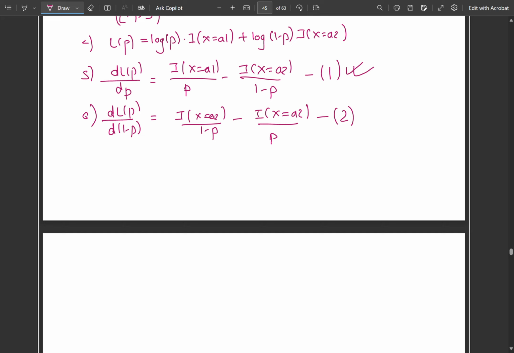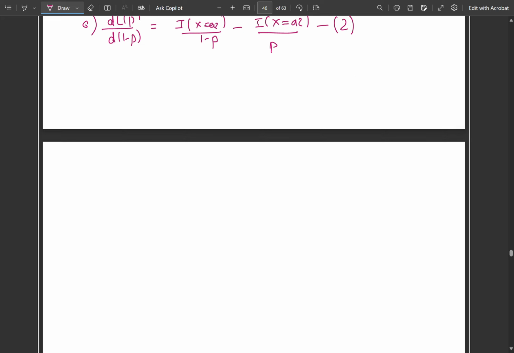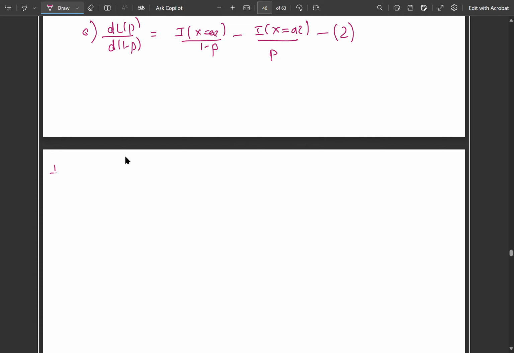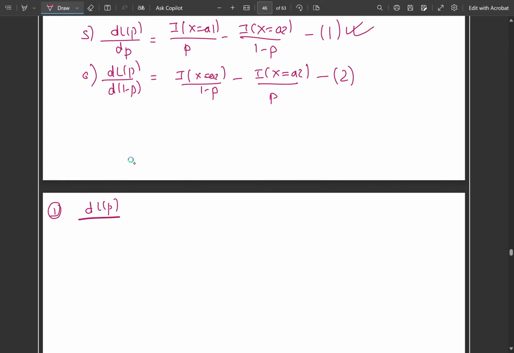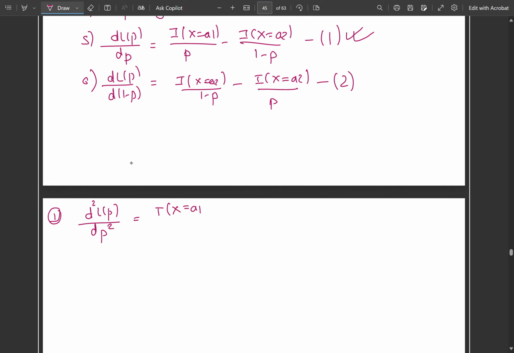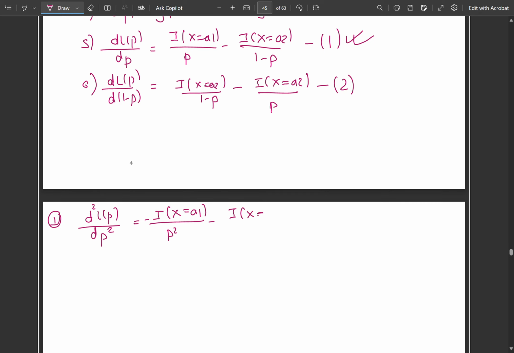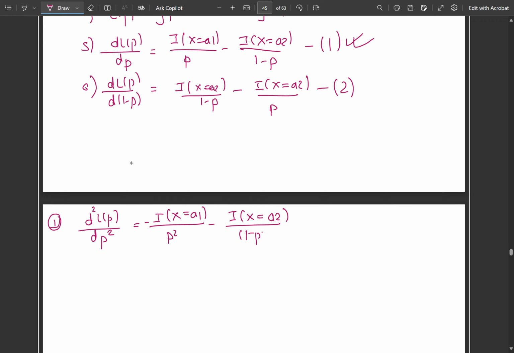Think about it. Let me show you the second derivative of this expression. d²L(p)/dp² would look like the negative of indicator x = a1 over p squared, minus indicator x = a2 over 1 minus p squared.